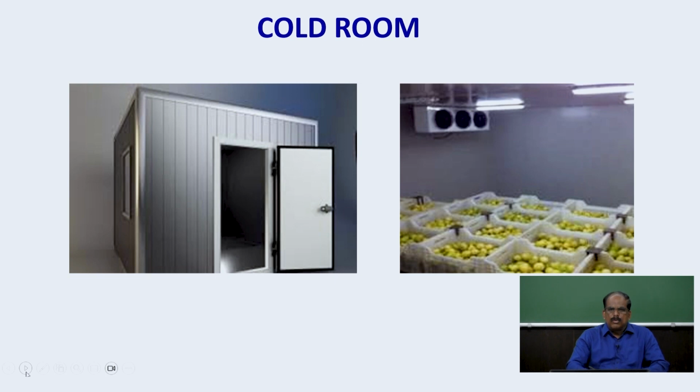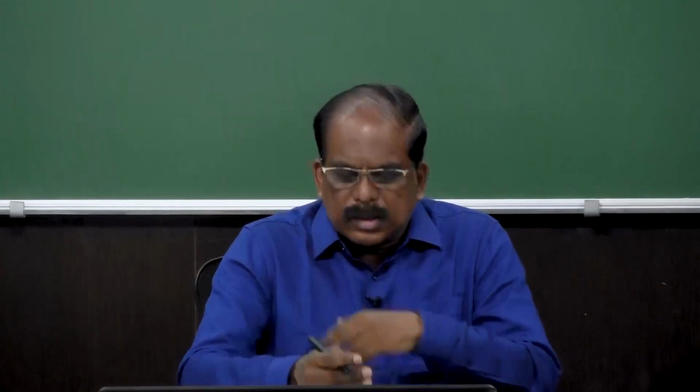So this is the photograph of a single cold room. Looking at the picture, you can see the commodity or the product which is stored is of the same kind. If you want to store a particular single product, it is recommended to use a cold room instead of a cold store.